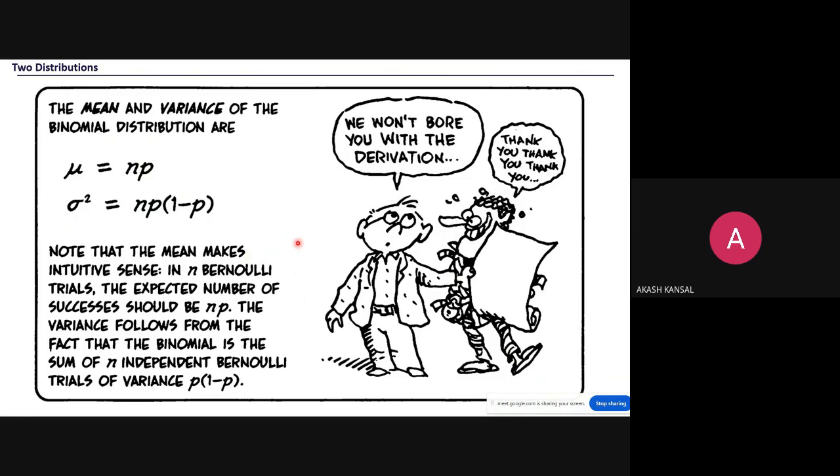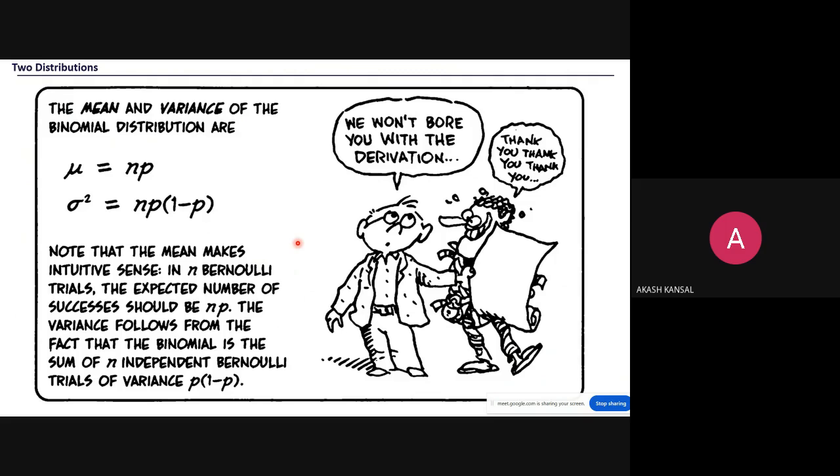If you want to derive it from an intuitive sense, you can see that if you are throwing a coin, or a success event, n times, the expected number of successes has to be np because you are repeating it n times. So it would be p plus p plus p, right? That will be your cumulative thing.